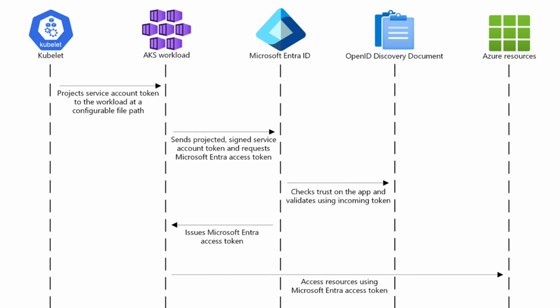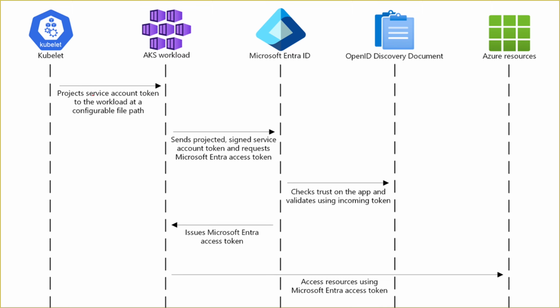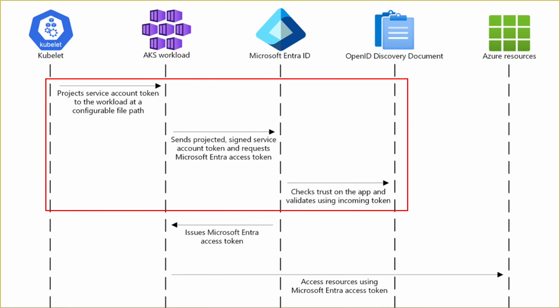And when your pod makes a request, then Kubernetes sees what identity is attached to your pod and uses this identity. And these are the first 3 steps here. So Kubernetes uses the identity, sends it to Entra. Entra checks if it's valid, what permissions this identity has, and if everything checks out, then it sends back an Entra access token.